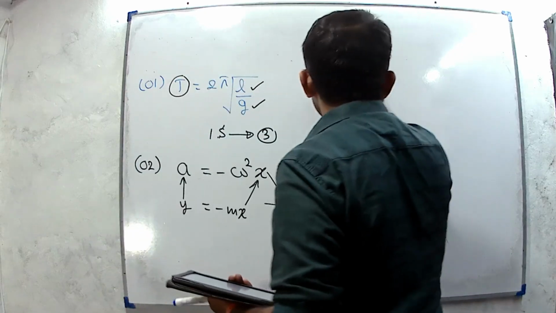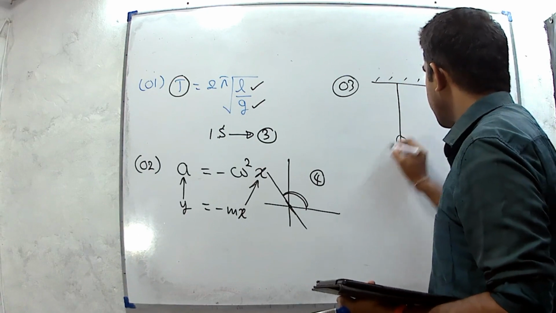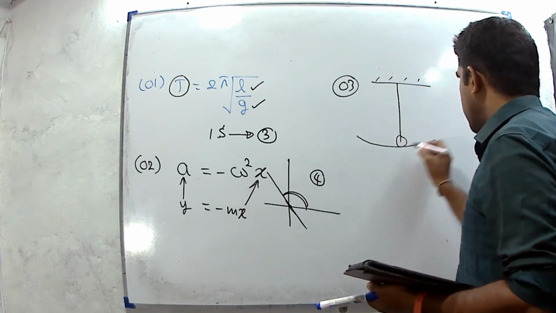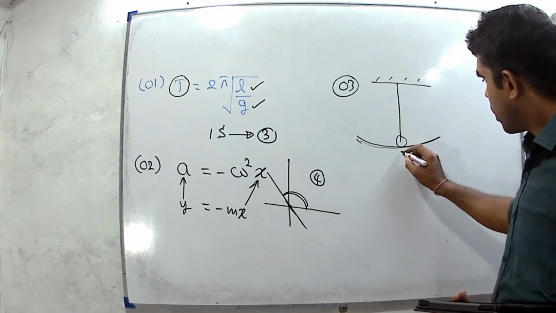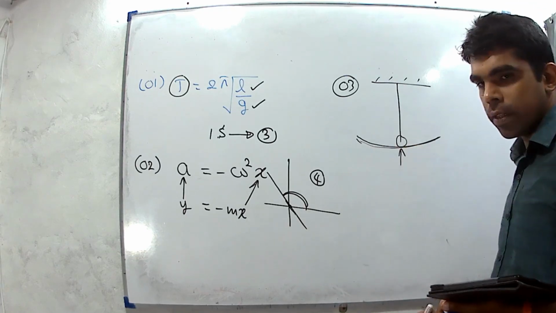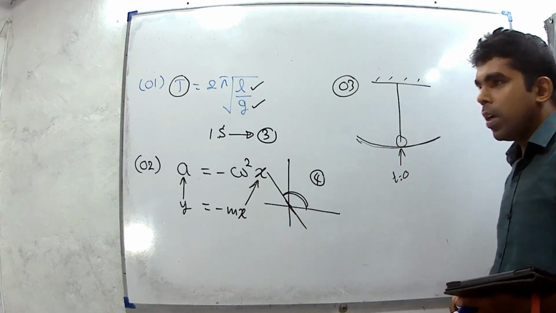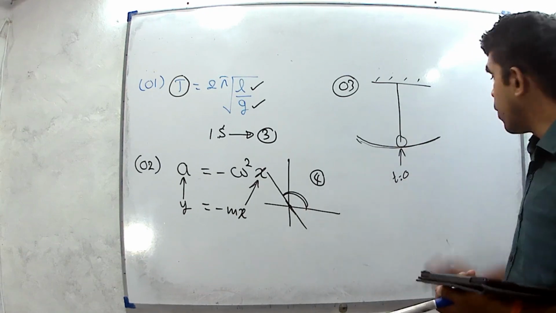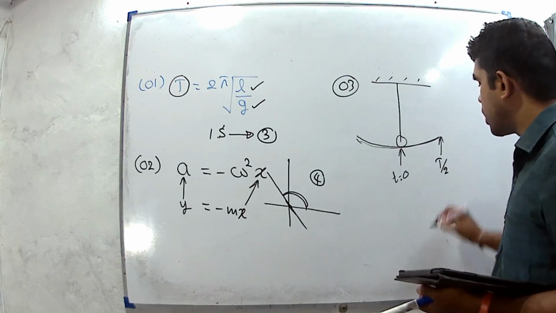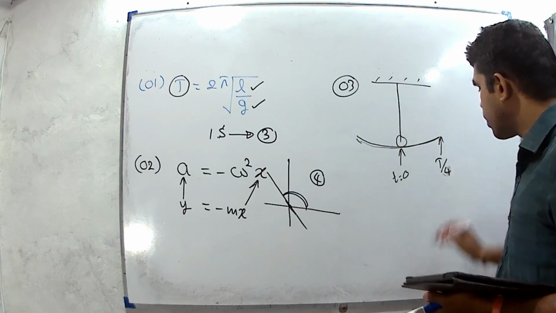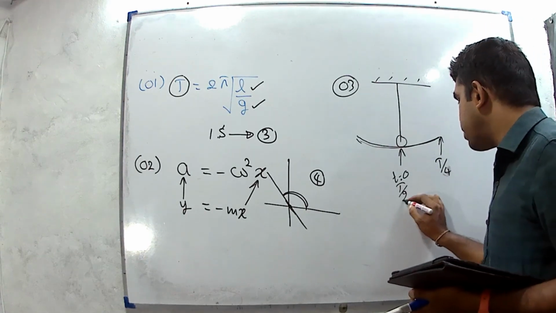We can consider the motion like this. At this point, time is 0. After 1/4 of the period, T over 4, it should move to this place. After half of the period, it should be at this place.